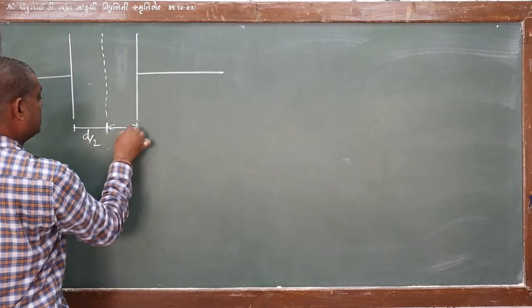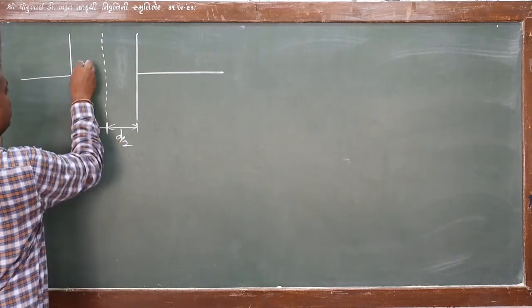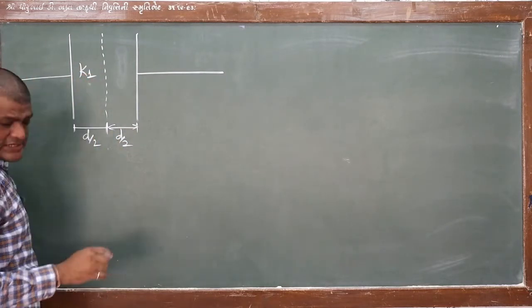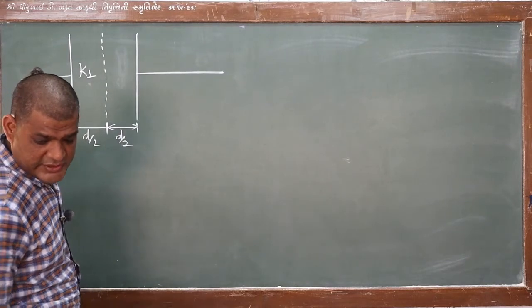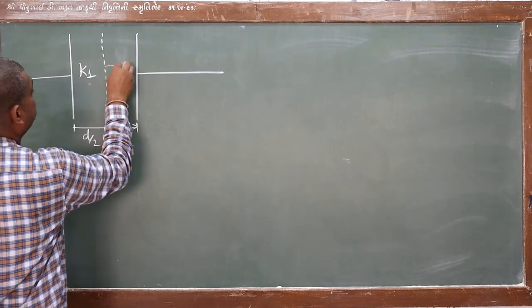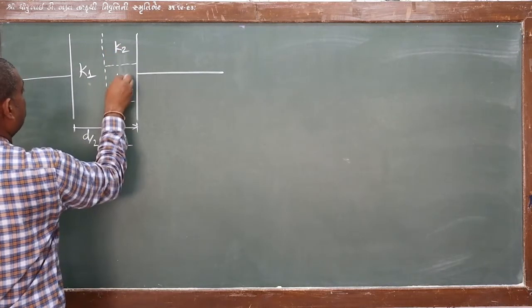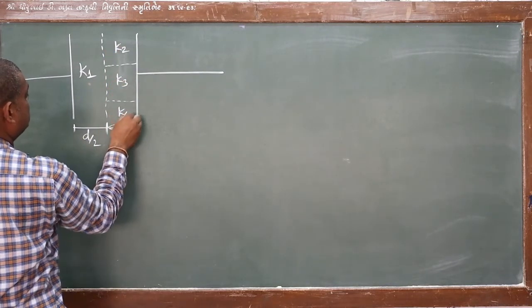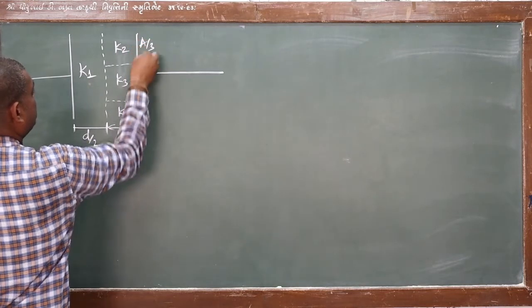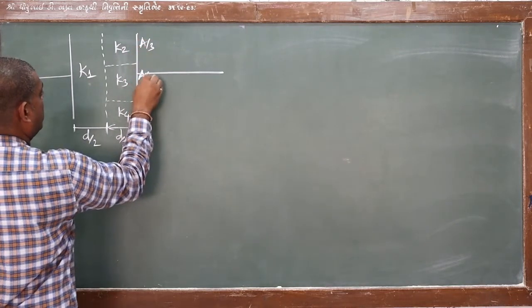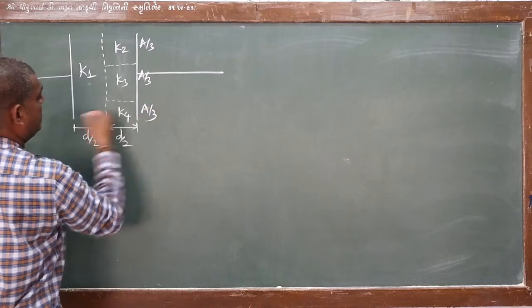D by 2 is the separation. Here is the dielectric medium K1, and the second thing, it is divided into three parts: first, second and third. It is K2, it is K3, it is K4. A by 3, A by 3 and A by 3.